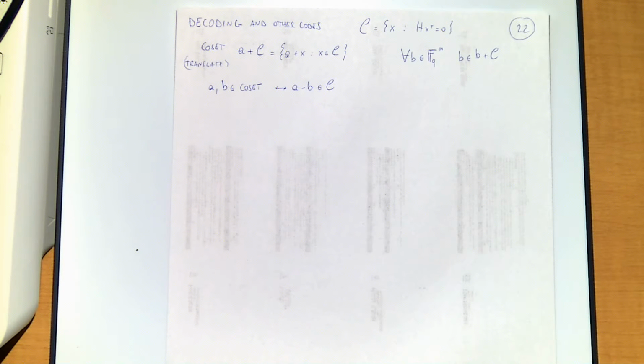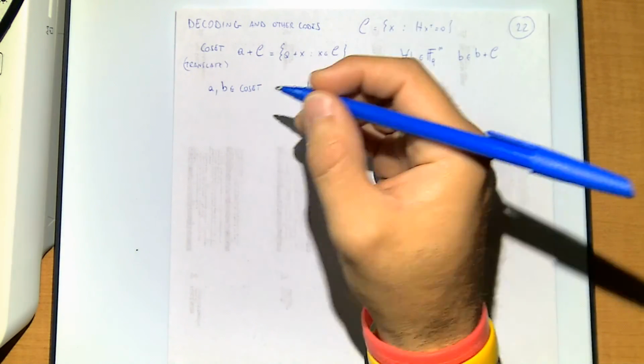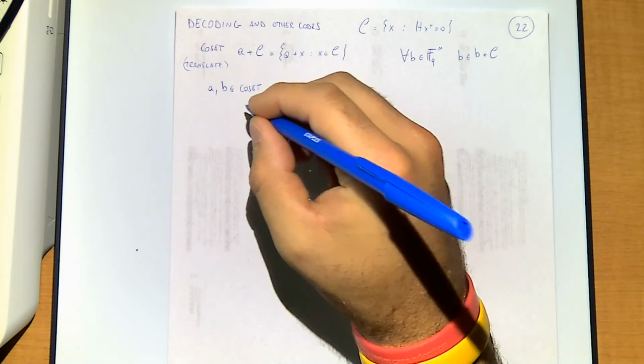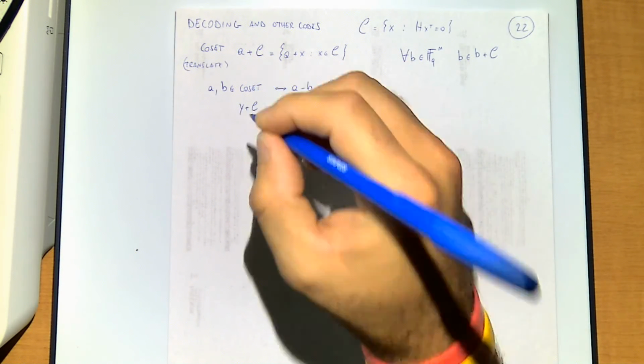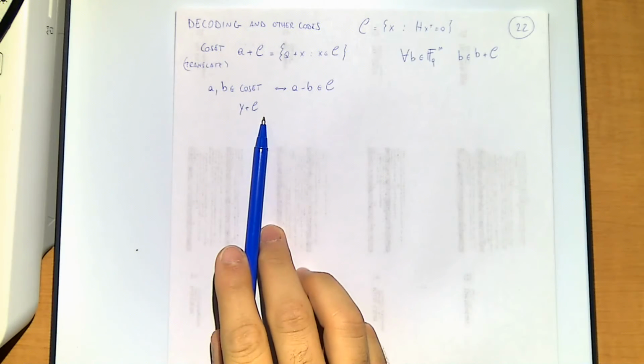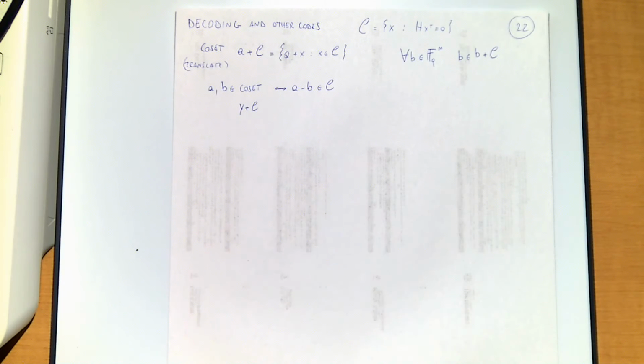Because a coset is indexed by say y plus C, and so A will be y plus a code word, and B will be like y plus another code word, and then if I do A minus B, the y cancels out, and then I get the difference of two code words, and that's a code word as well.